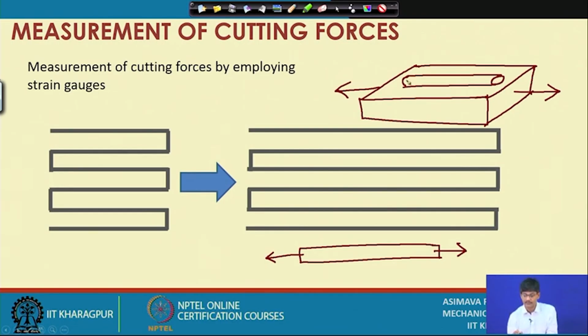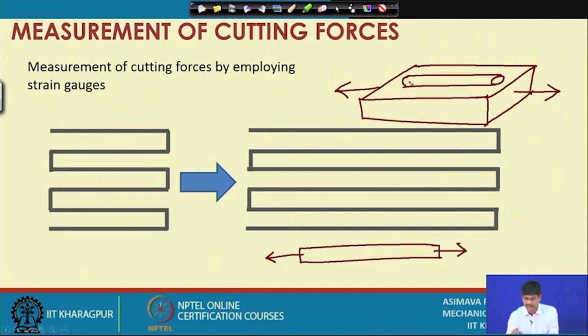There will be no relative motion between the top surface and this particular element. So, it undergoes longitudinal strain. Together with that, it will undergo some change in the lateral direction also. But what do we achieve from that?